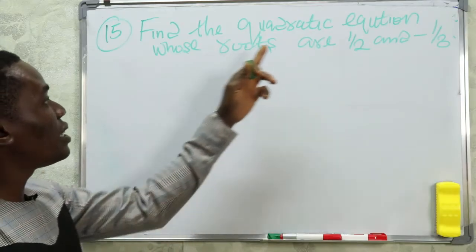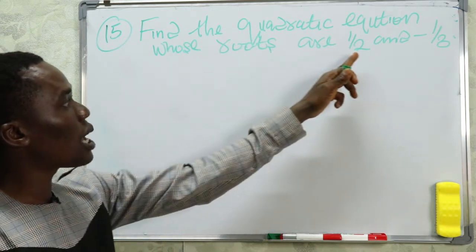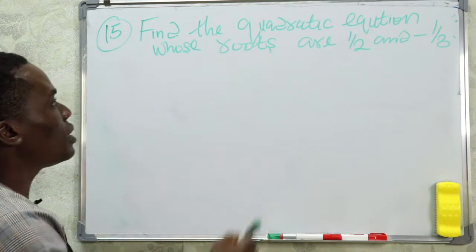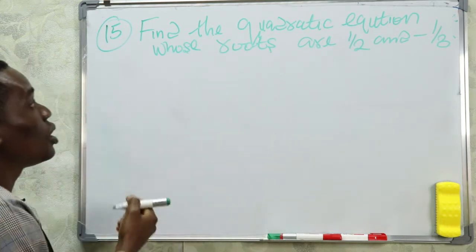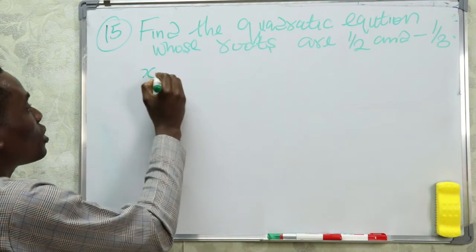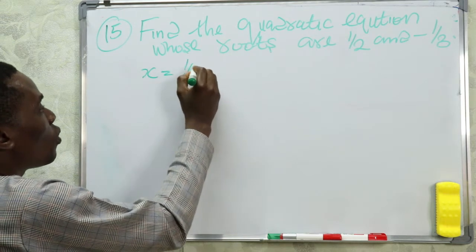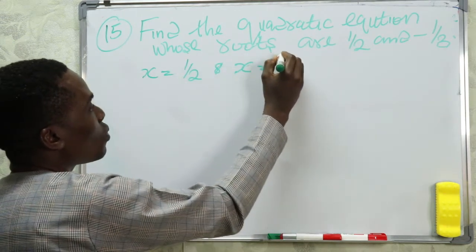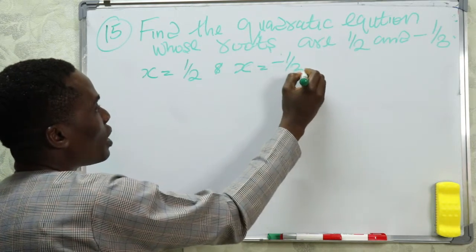We are asked to find a quadratic equation whose roots are 1 over 2 and minus 1 over 3. Now, given this quadratic equation, we are meant to know that x is equal to 1 over 2 and our second x is equal to minus 1 over 3.